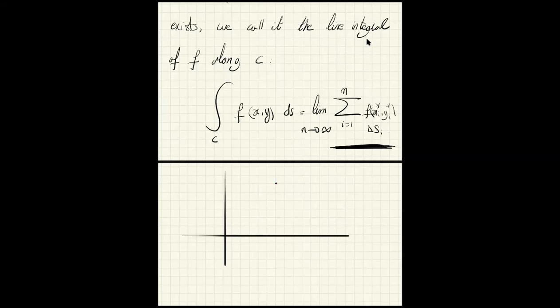So you have the point P_{i-1}, and you have the point P_i, and now we have the line, not the arc.